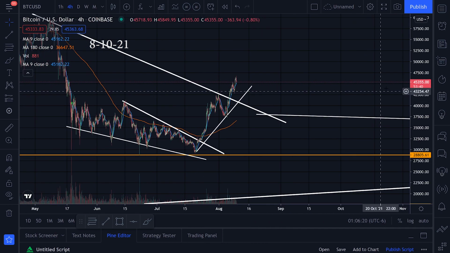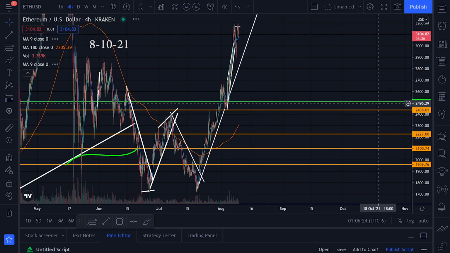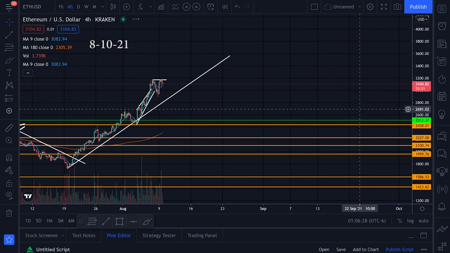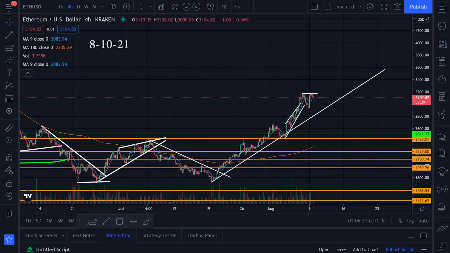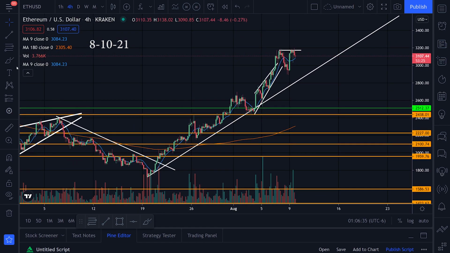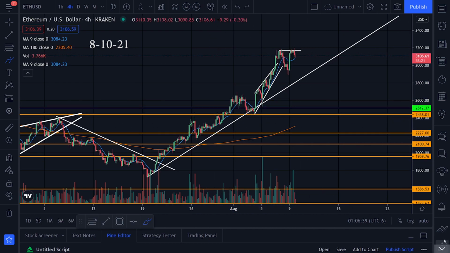So let's switch to Ethereum and check out what's going on with this. Basically the same thing. We got a big uptrend, and the last time I talked about Ethereum on a YouTube short, it was that we have an uptrend going something like this. Let me get rid of some of these horizontal lines.